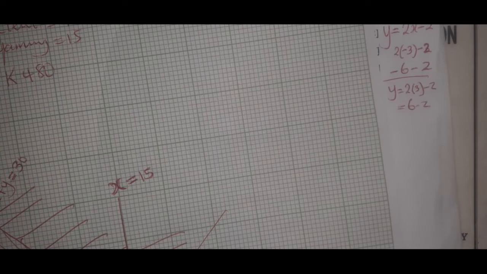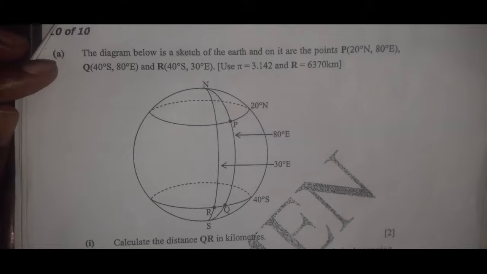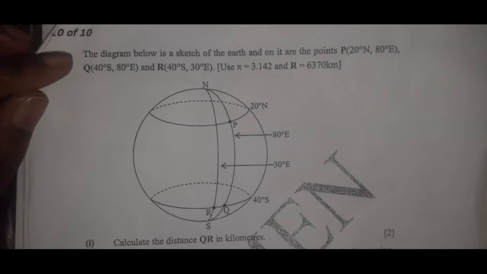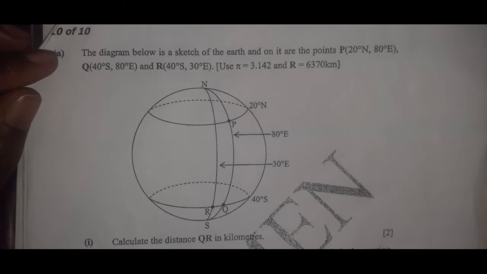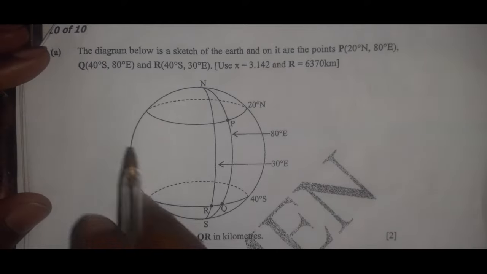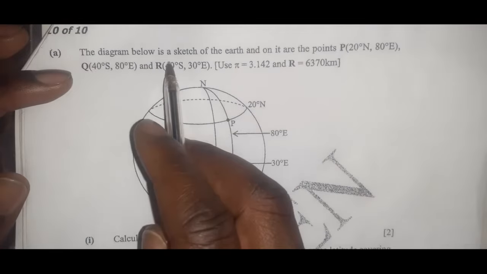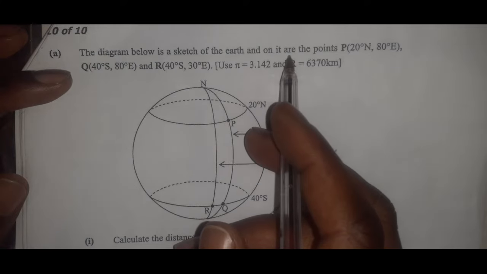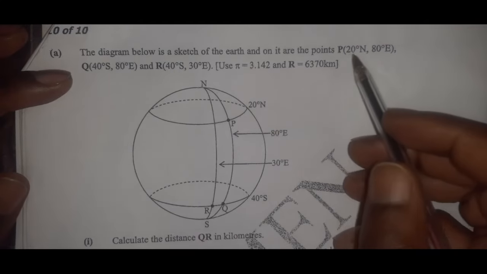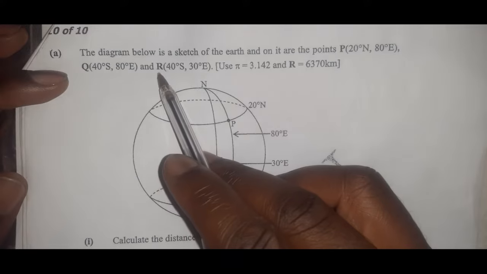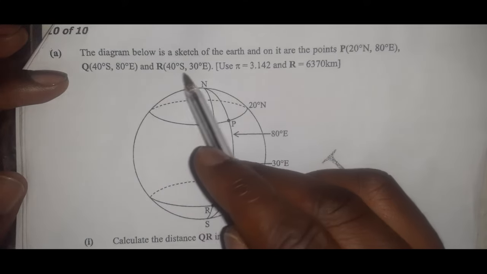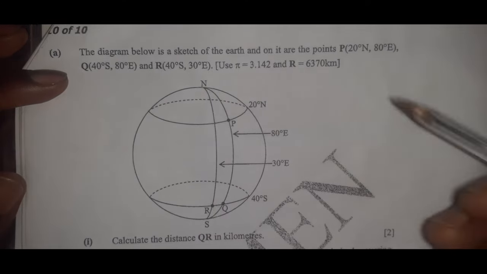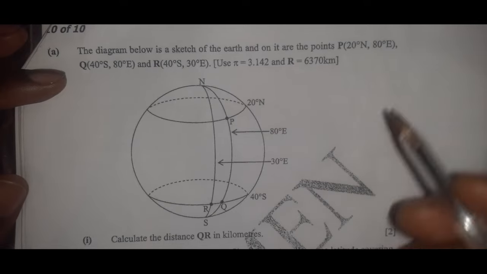All right, let's move on to the next question. We come to question 12. Question 12A. The diagram below is a sketch of the Earth, and on it are the points P, Q, and R with those given details.